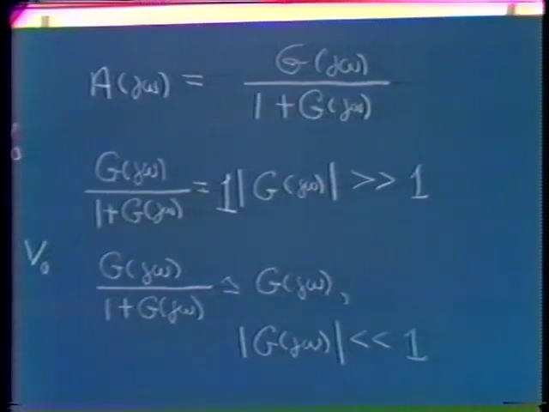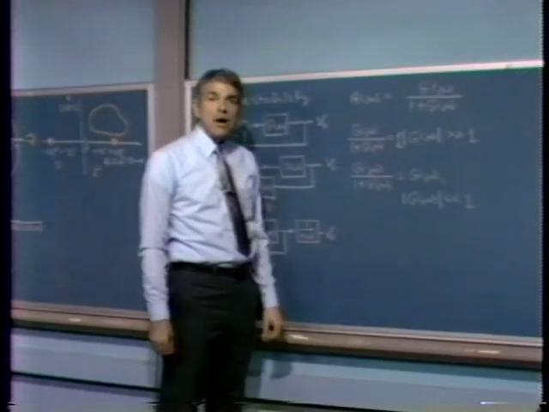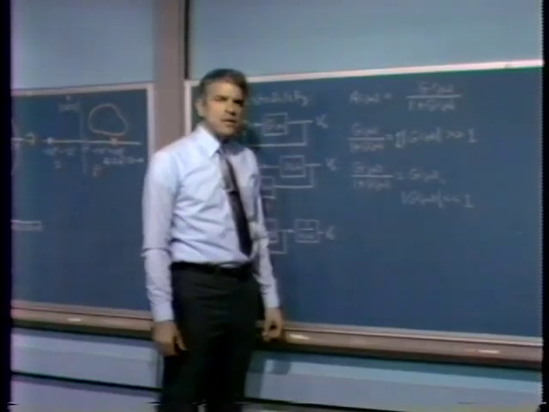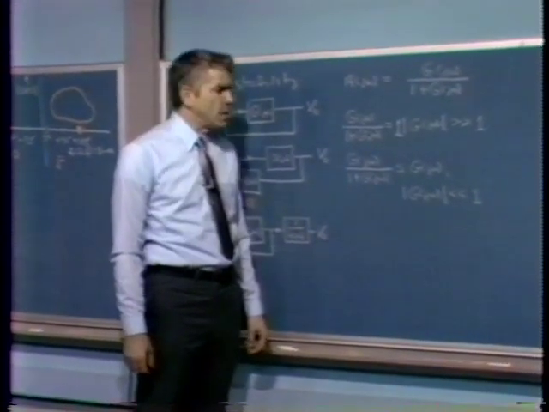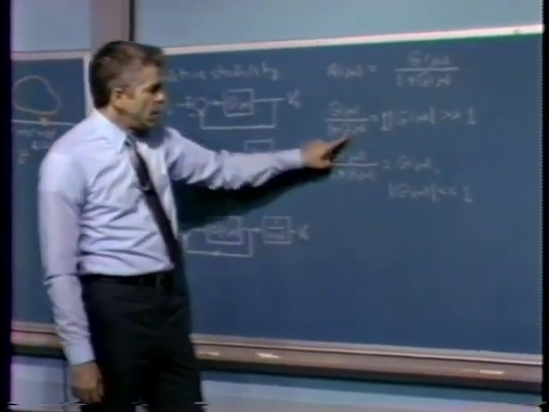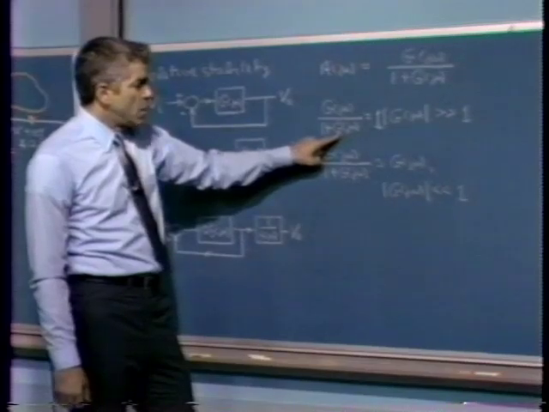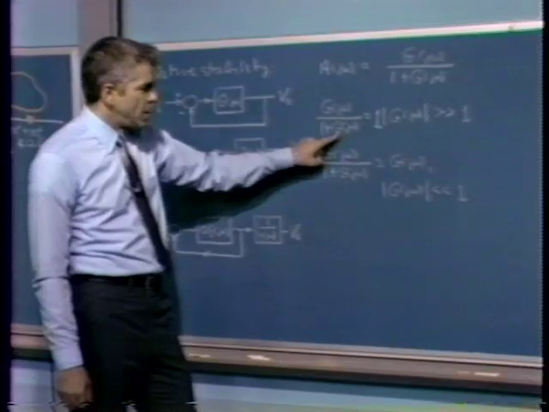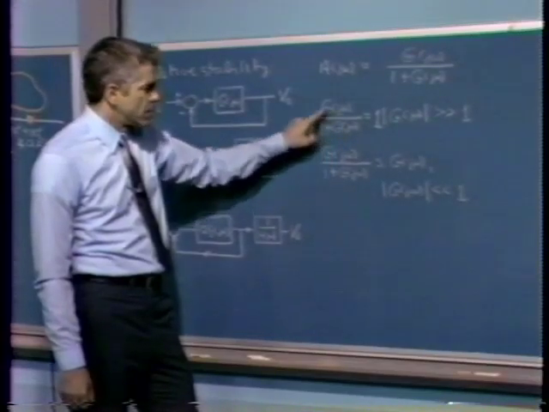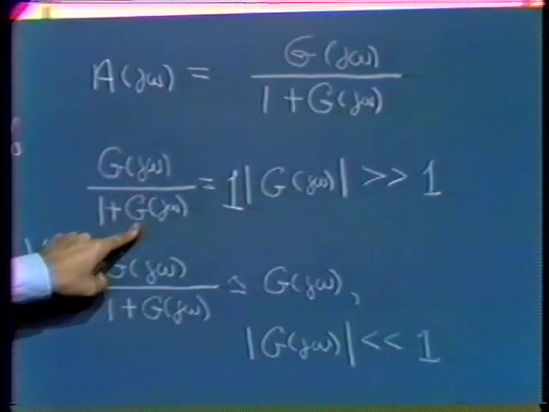The difficulty in the evaluation comes when we're working at magnitudes of G of about 1. There, the angle of G has a very profound effect on the quantity G over 1 plus G. For example, if the magnitude of G is close to 1, but its angle is close to minus 180 degrees, in other words, G is about minus 1, we have a very, very large magnitude for the G over 1 plus G product.